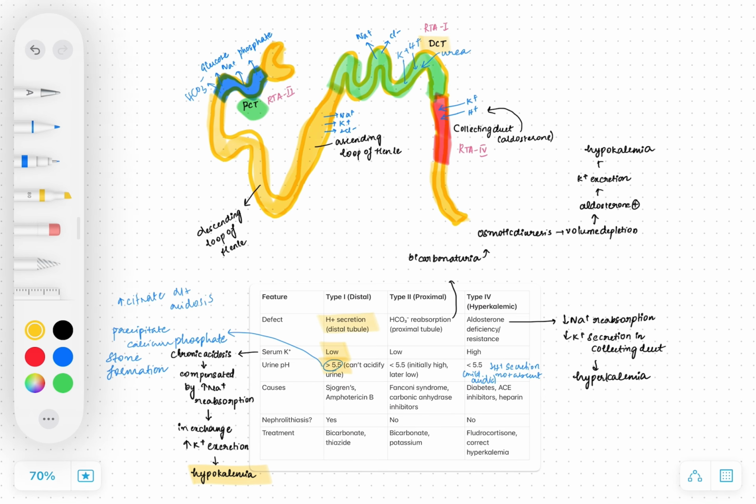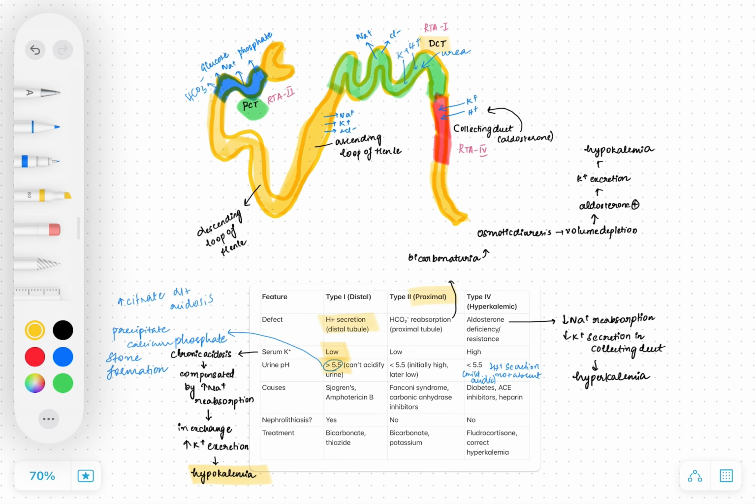It is also called the proximal type because it occurs at the level of the proximal convoluted tubule. Here the defect is defective bicarbonate resorption at the proximal convoluted tubule. The serum potassium will be low because at the proximal convoluted tubule there is sodium resorption along with bicarbonate resorption, along with glucose and phosphate, and this has been hampered.